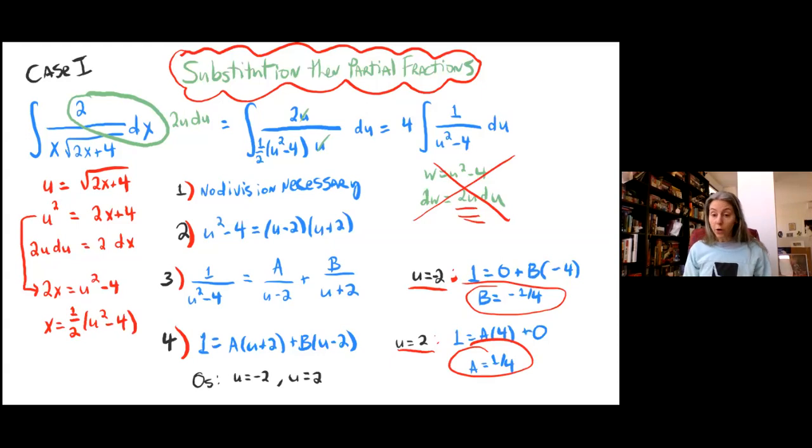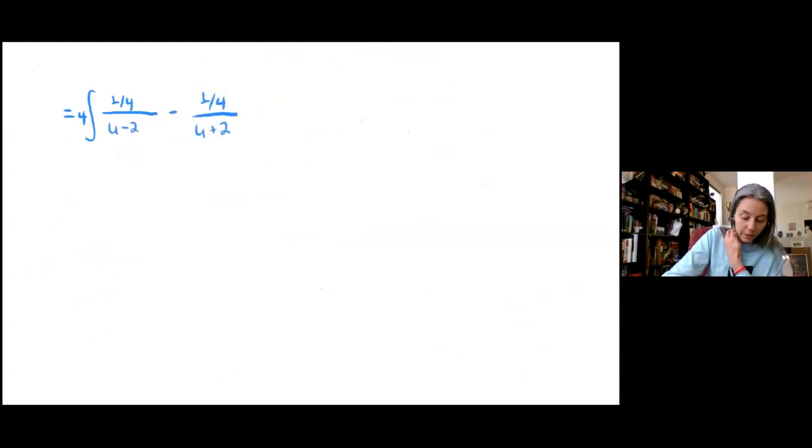So now we've solved for our numerators. We want to rewrite the integral in terms of the partial fractions decomposition. So let's go to the next whiteboard, and we can say that this is therefore equal to 4 times the integral of 1/4 over u minus 2 minus 1/4 over u plus 2 du.